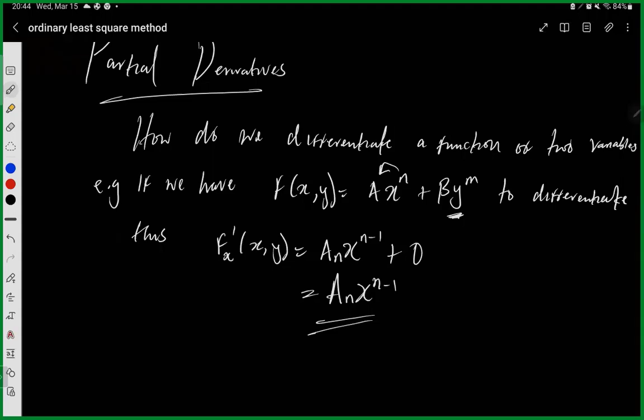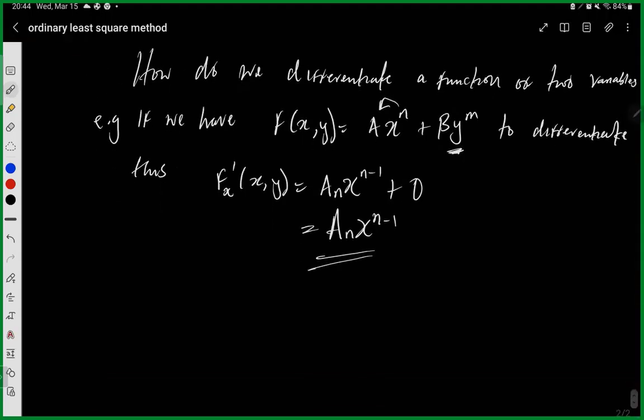Let me give another example. We differentiate this function with respect to x, and now we differentiate it also with respect to y. So we hold x constant and only deal with y.